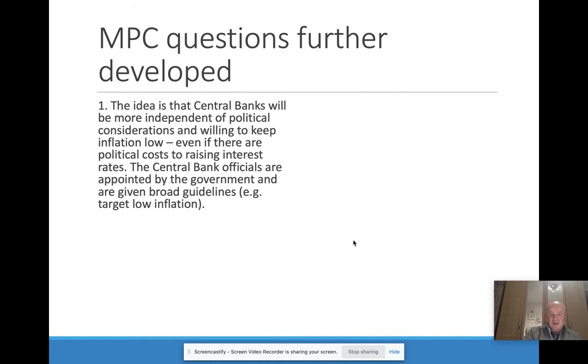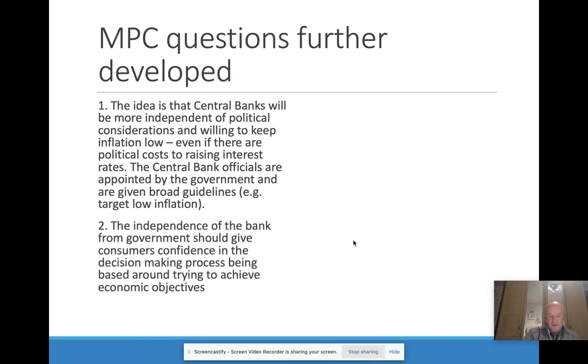If we've got this independence from political considerations, then it should mean that they are able to really target low inflation and focus specifically on that and nothing else in terms of their policy setting as far as monetary policy is concerned.